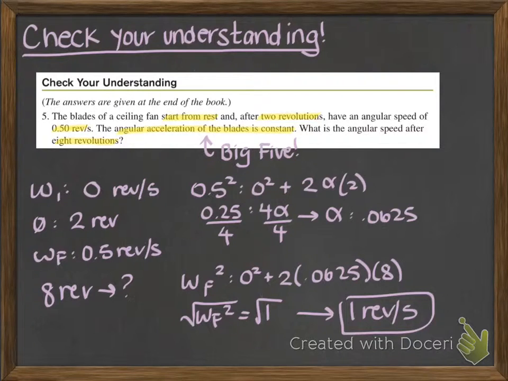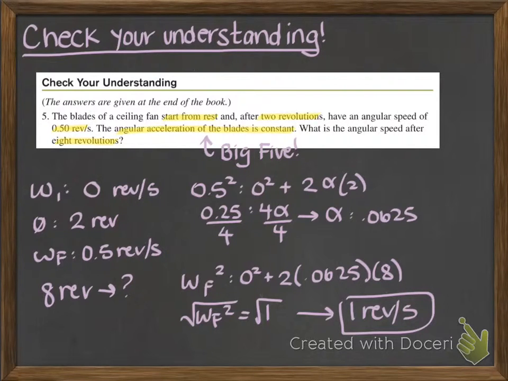So we know our initial is 0, we know our theta is 2, and we know that our final is 0.5. And our units throughout this whole thing will be revolutions per second. So we can use the W final squared equals W initial squared plus 2 acceleration times x, or theta. So we just plug those in, which would be 0.5 squared equals 0 squared plus 2 alpha times 2.